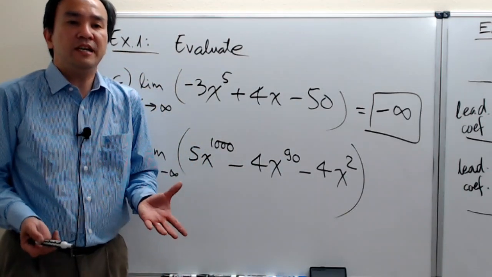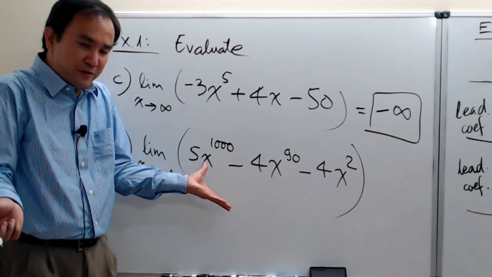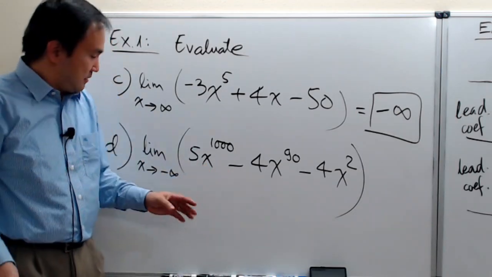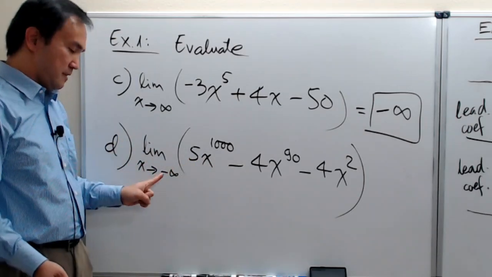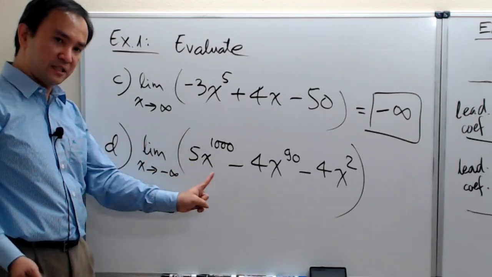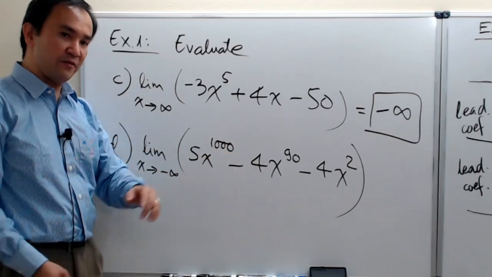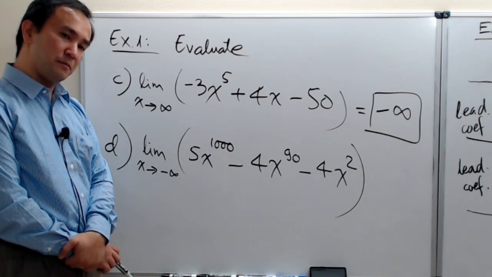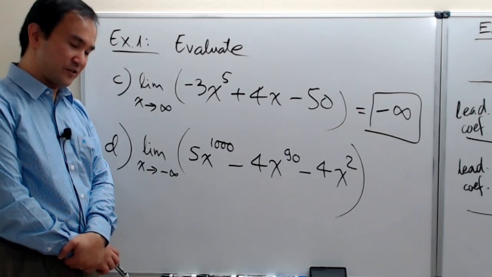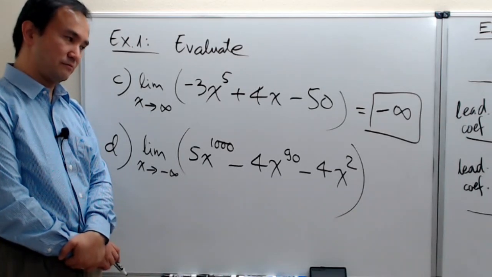Please, I don't even need anyone to graph this thing. Even if we have a super powerful computer, I don't want to look at the graph either. The point is that you should be able to find the left-hand behavior of this polynomial based on the chart I just reminded everyone. Go ahead, pause the video, have your own answer, and we're going to come back and compare with my answer.